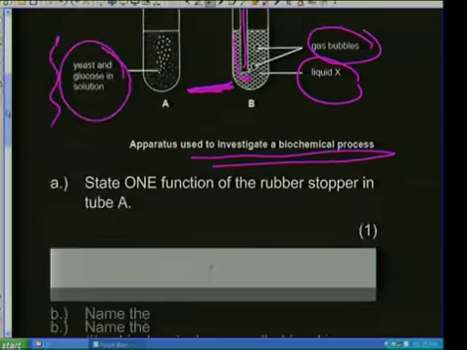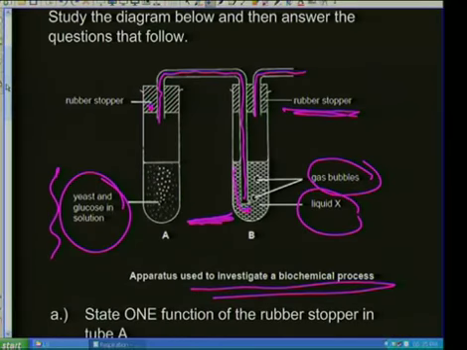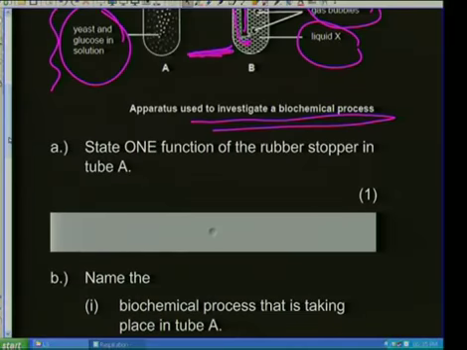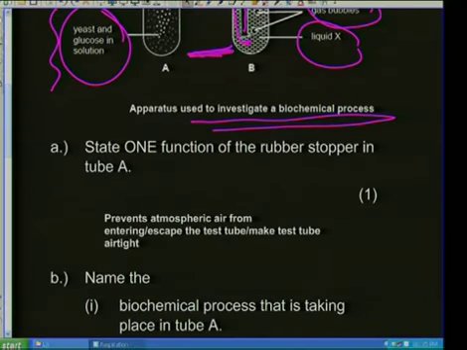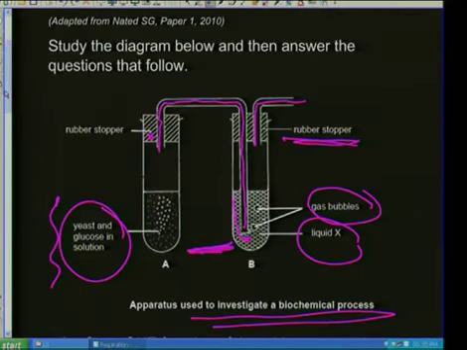So it says state one function of the rubber stopper in tube A. There's a rubber stopper and we want to know what the function is. And the function is to make it airtight. And what does that mean? It prevents atmospheric air from entering or escaping from this solution.